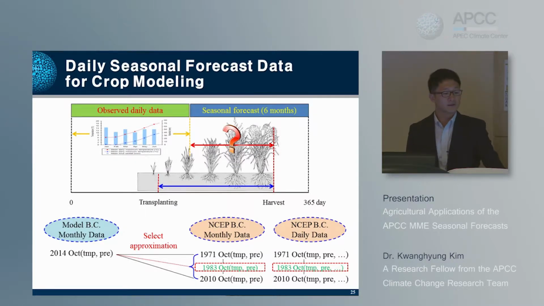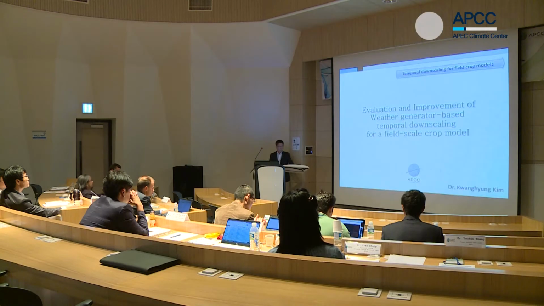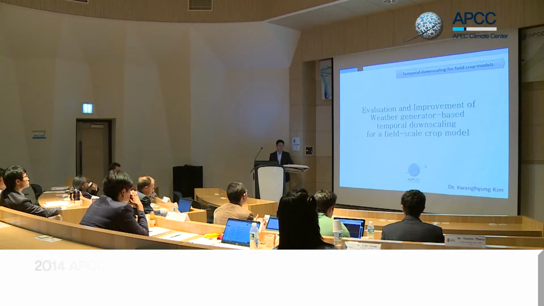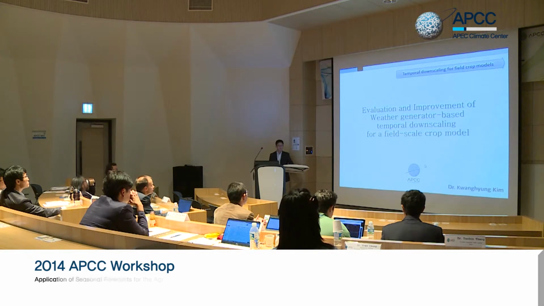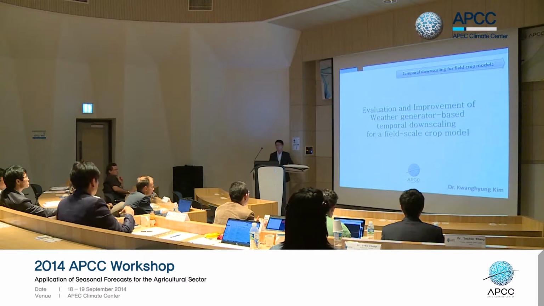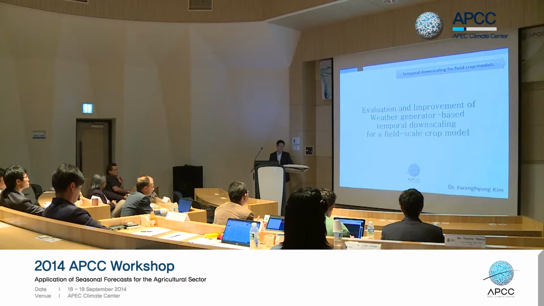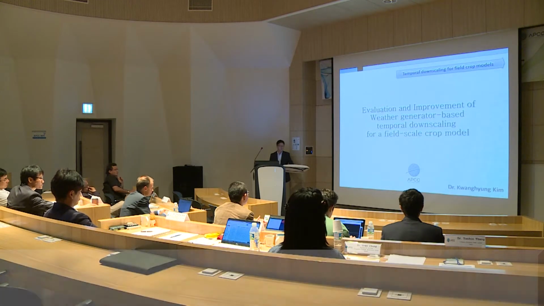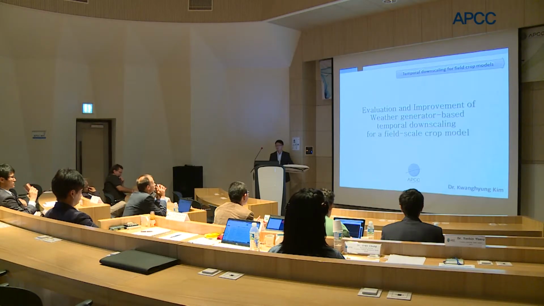Okay, the next strategy comes with the temporal downscaling for field crop models. Actually, this is what I'm doing right now, and weather generator based temperature downscaling was also evaluated for a field scale crop model, which is a disease model in my case. And we also tried to improve its performance by introducing some additional skills and modification.